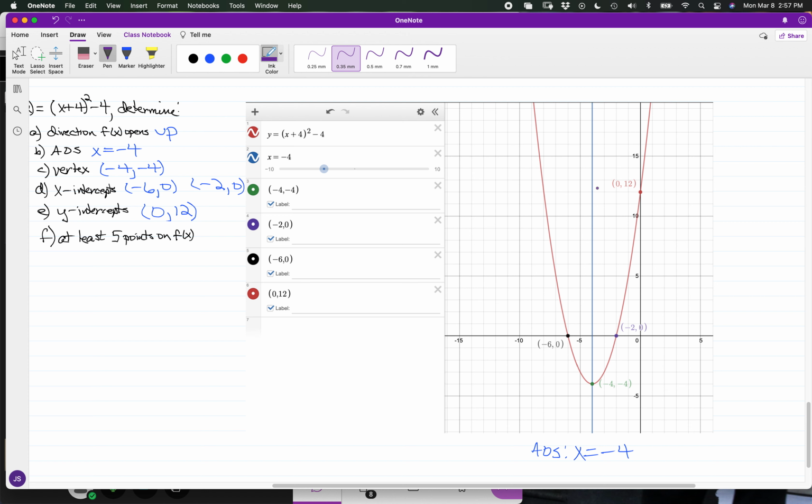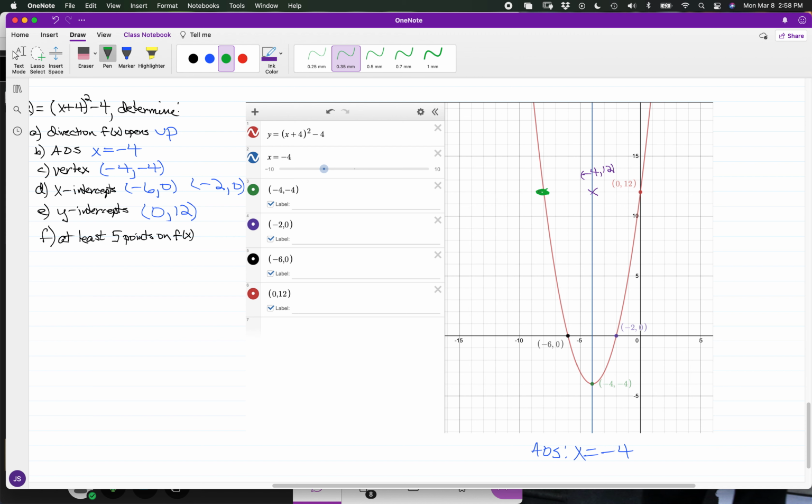There is a point on the axis of symmetry that would be -4, 12. With this point level with the y-intercept, the y-intercept is 4 spaces to the right. And if I go in the other direction, I get 4 spaces to the left.